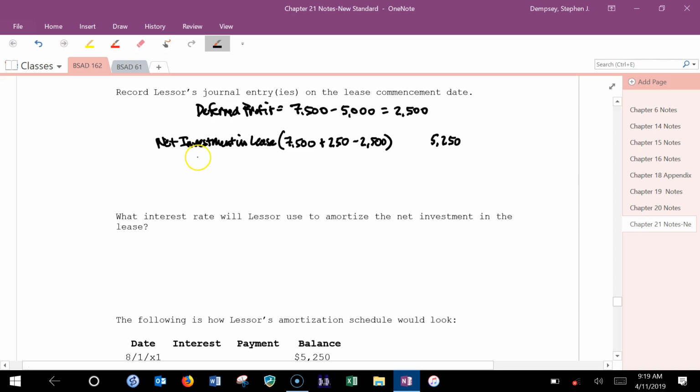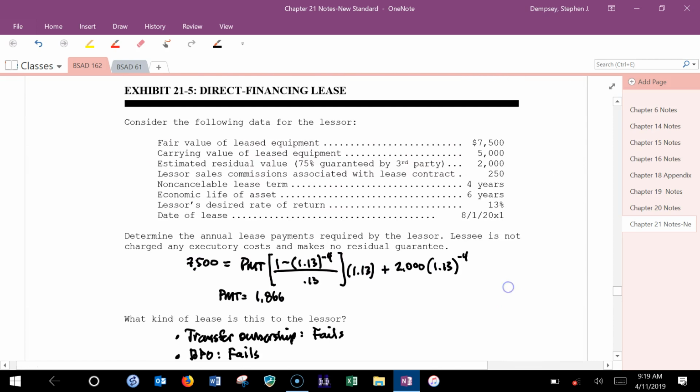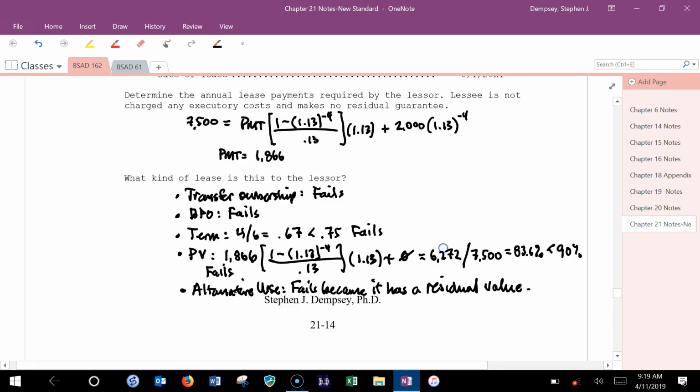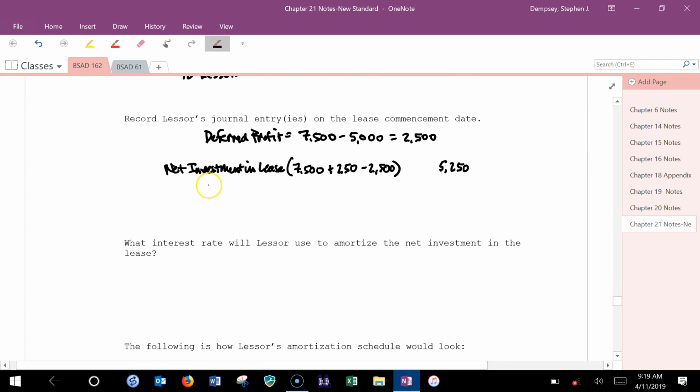They get rid of the equipment, or I'll just show you that it doesn't have to be inventory. It could just be equipment, just to give you an example. So the equipment is carried on its books at $5,000. Okay?